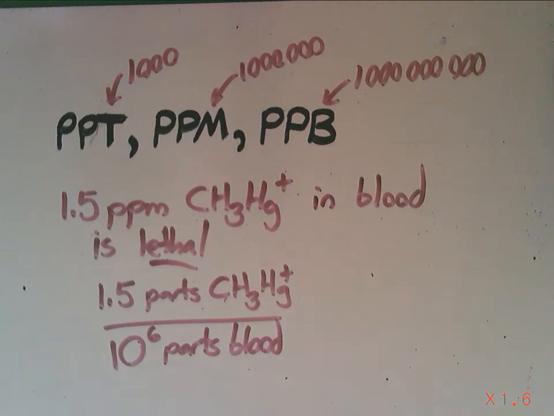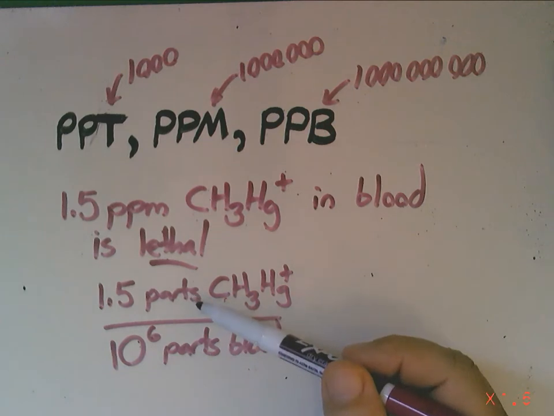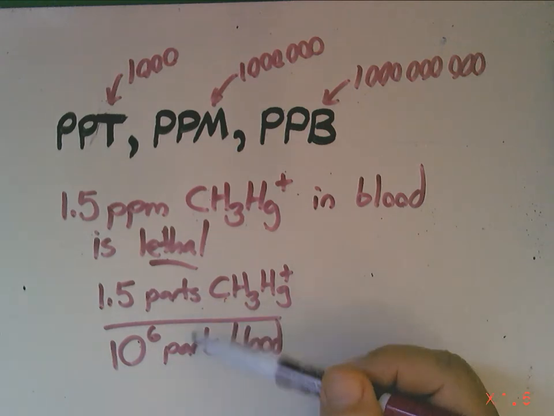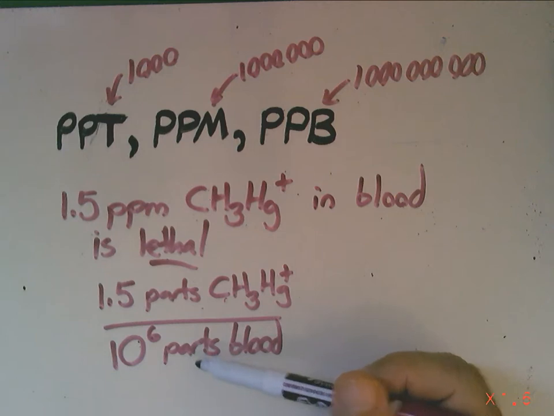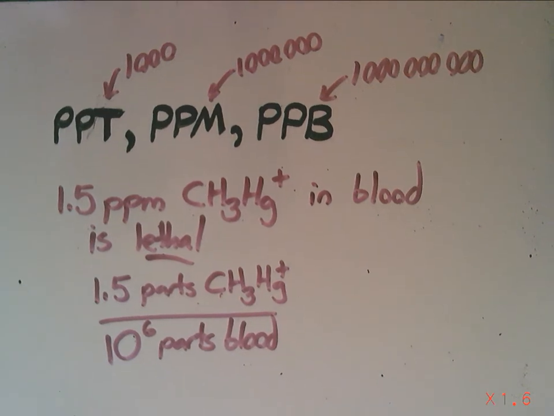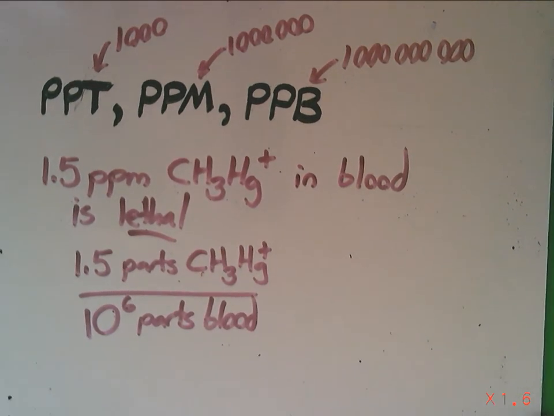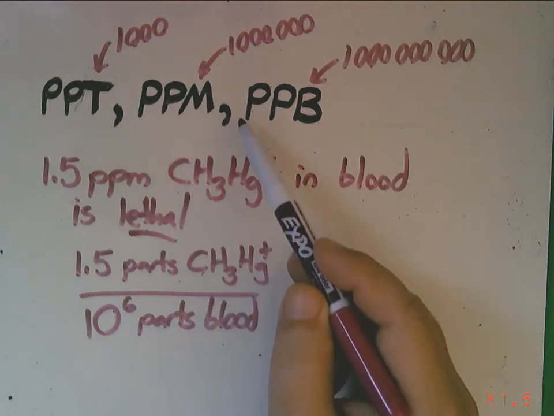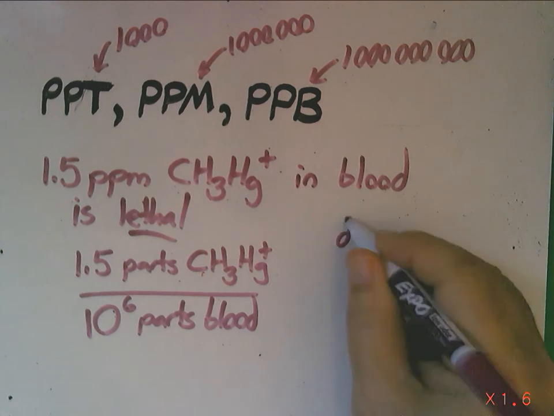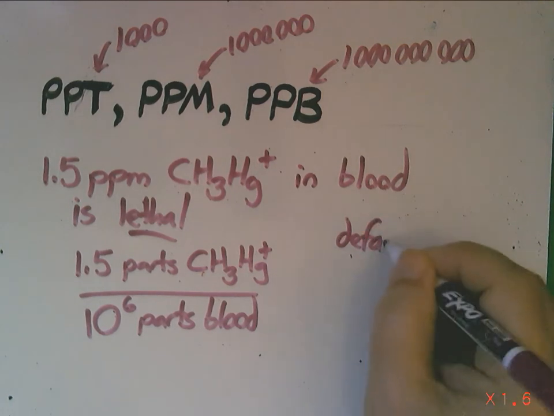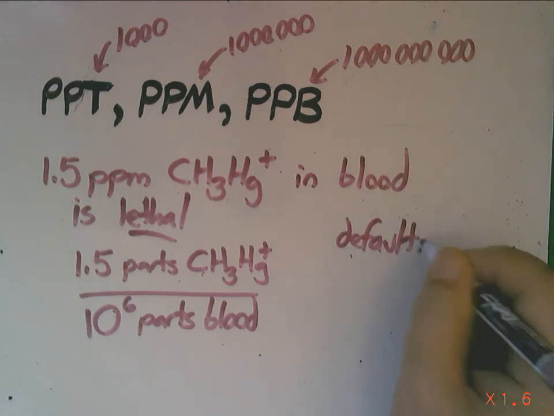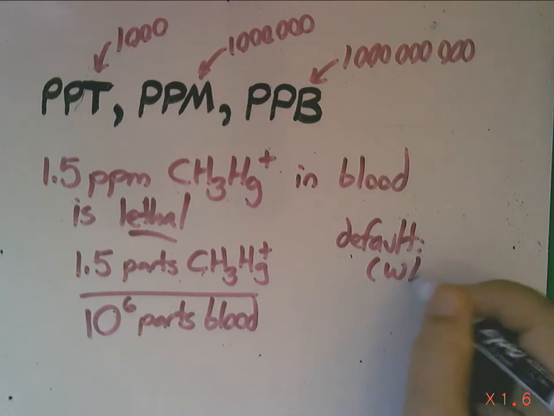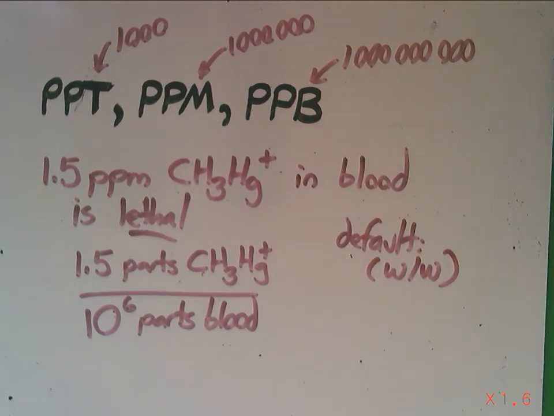Now remember, the whole thing about percents also applies here. We don't know what parts means necessarily. It depends on whether something is liquid or solid, which is more convenient. When they don't tell us with these, we're going to assume a default. So we'll assume it's W/W.